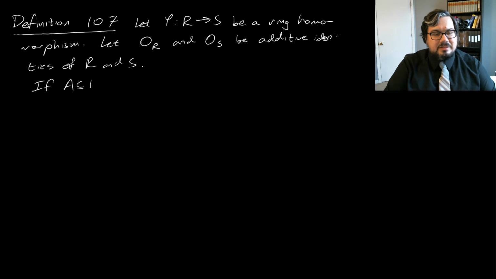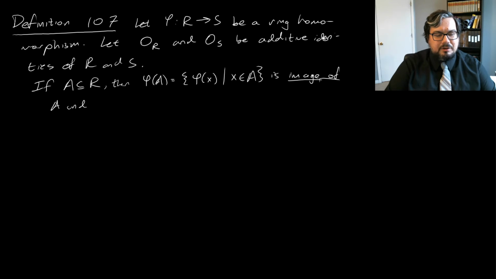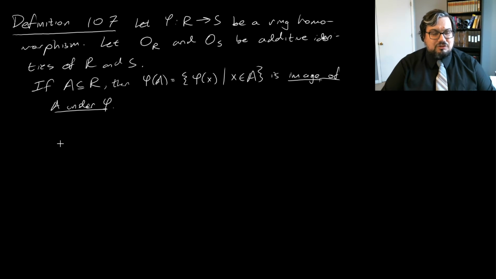If A is some subset of R, then phi of A is by definition the set of all images of elements from A, called the image of A under phi. So it's the set of all things that you get when you plug elements from the set A into the function phi.